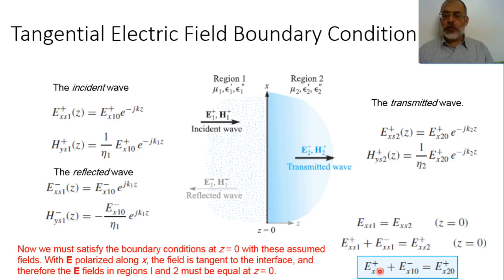Now it is required to find another relation which combines these three components such that we can obtain Ex10- in terms of Ex10+ and Ex20+ in terms of Ex10+. The other relation is obtained by applying the tangential magnetic field boundary condition.